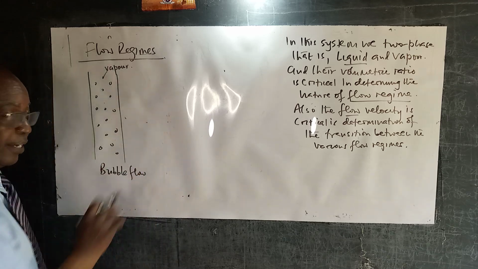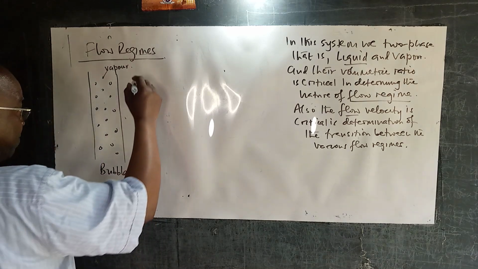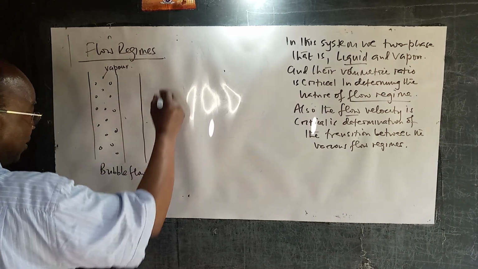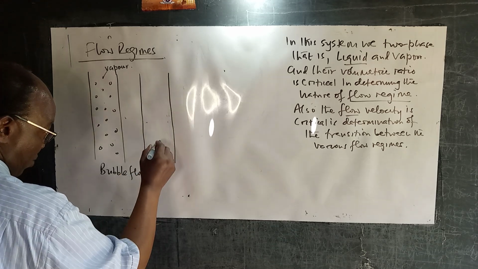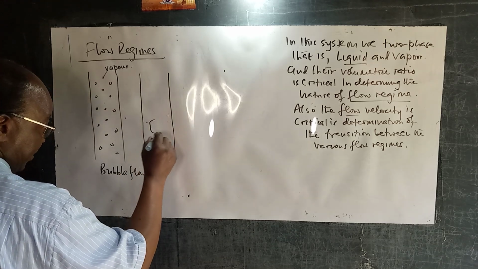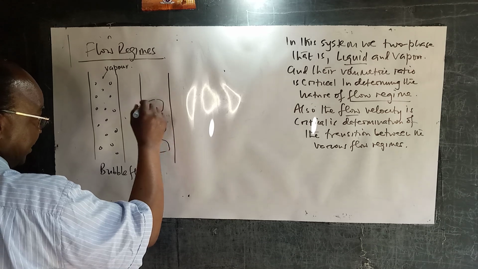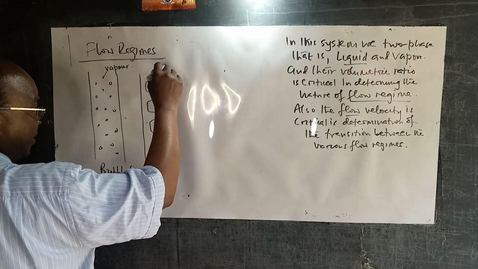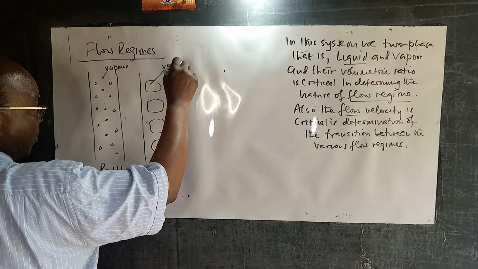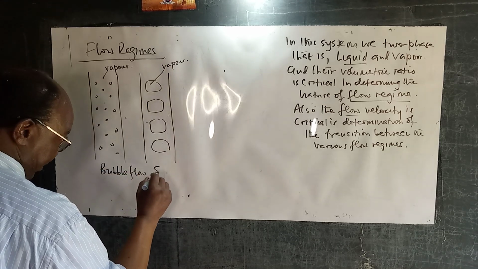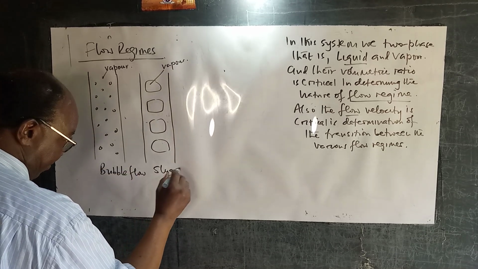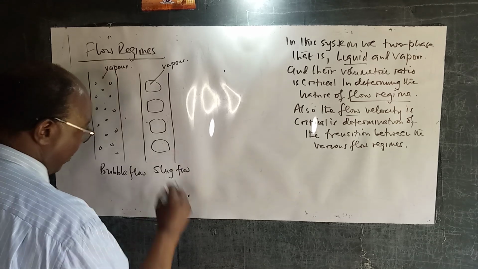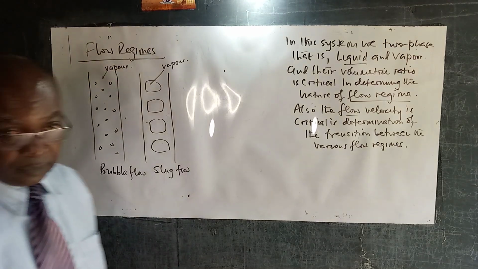The other type of flow regime is where we have bigger vapors. It's like the smaller vapors have coalesced. So this is vapor. And this is referred to as slug flow.